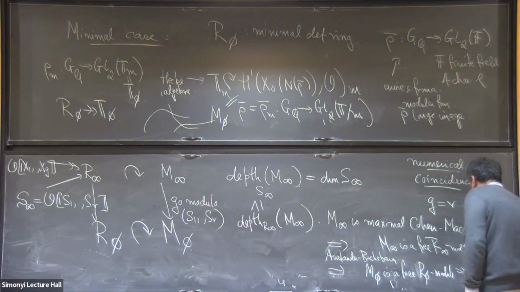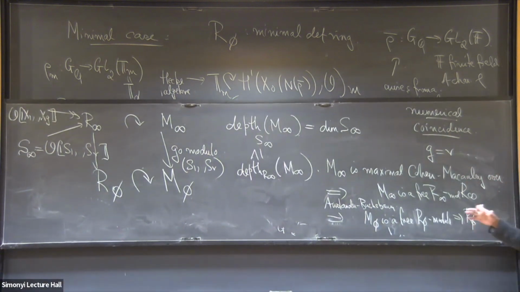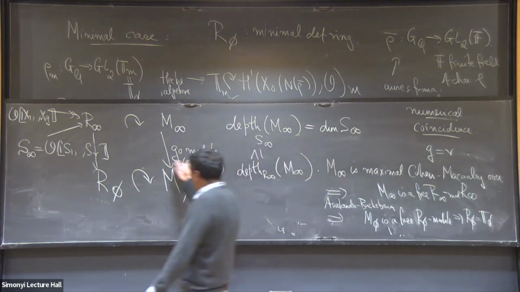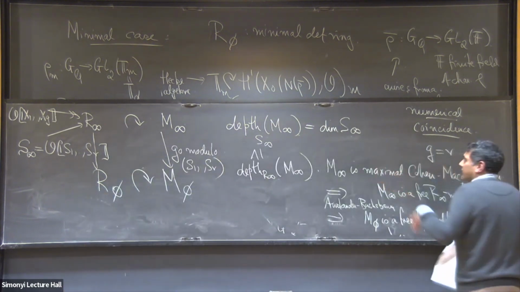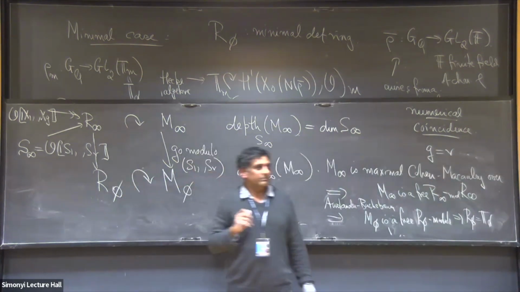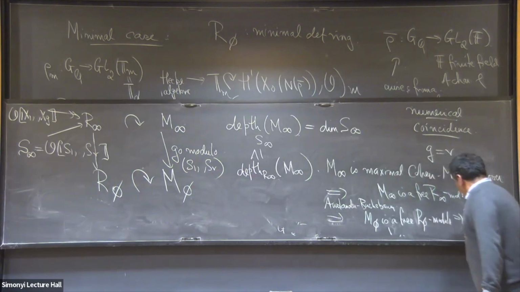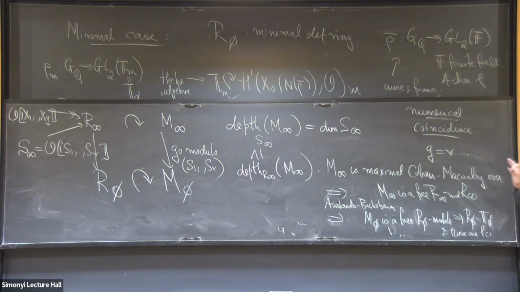At the same time, you get that all these things are finite flat complete intersections, because M phi is a finite flat O module. It turns out that these S_i give a regular sequence, and this presents R phi as a complete intersection. So this was in a nutshell the patching argument.